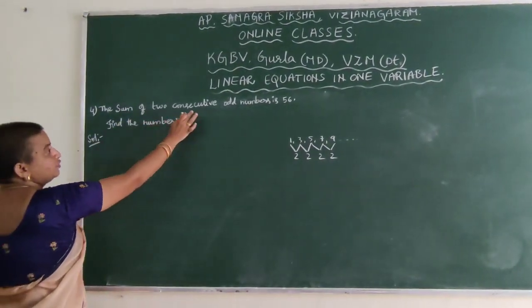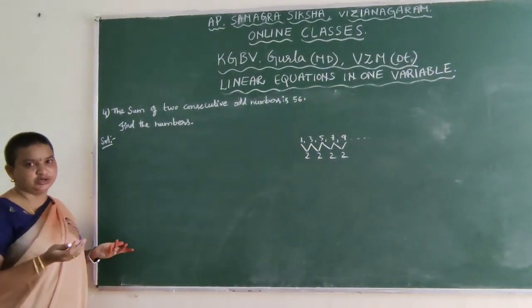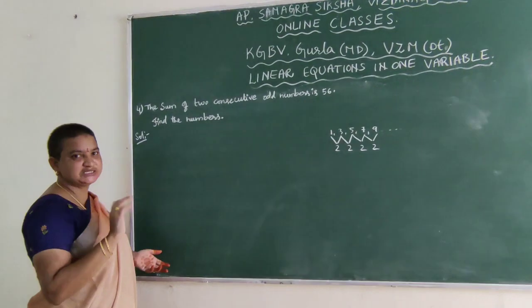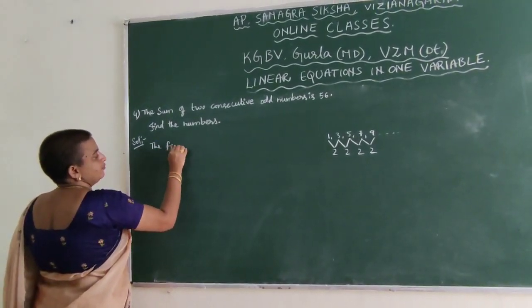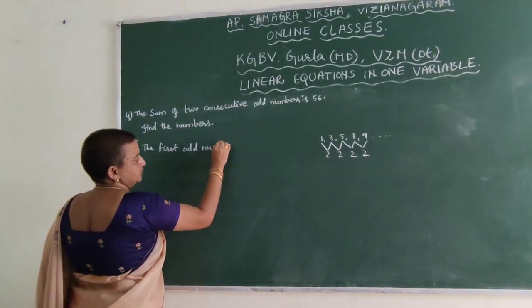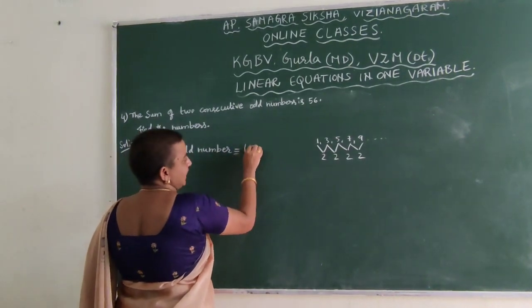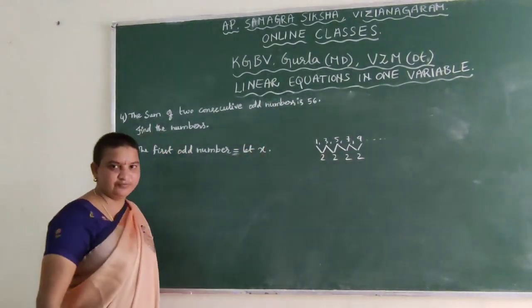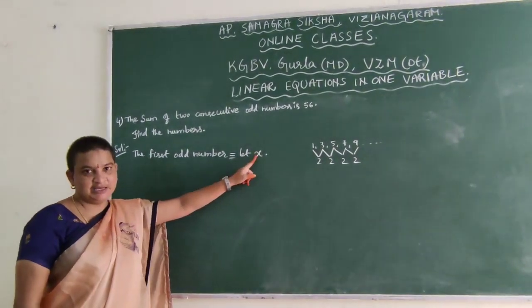The sum of two consecutive odd numbers is 56. We don't know those consecutive odd numbers. So first let us suppose the first odd number is equal to x.